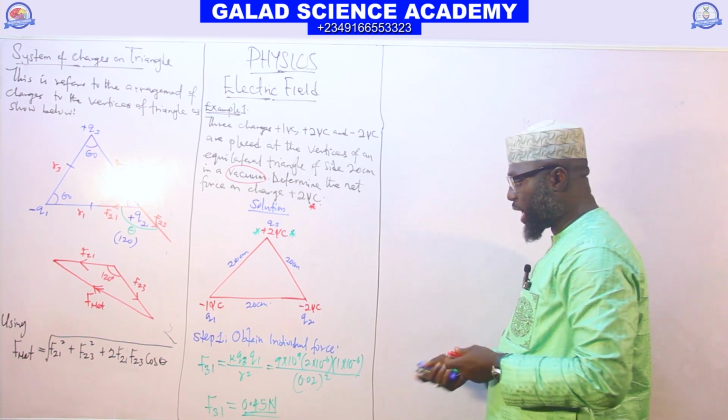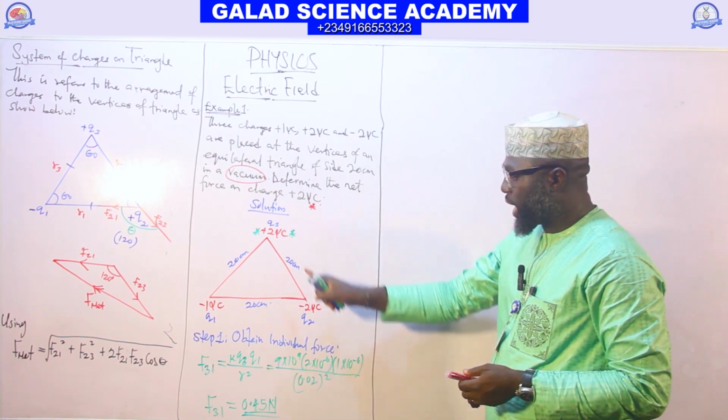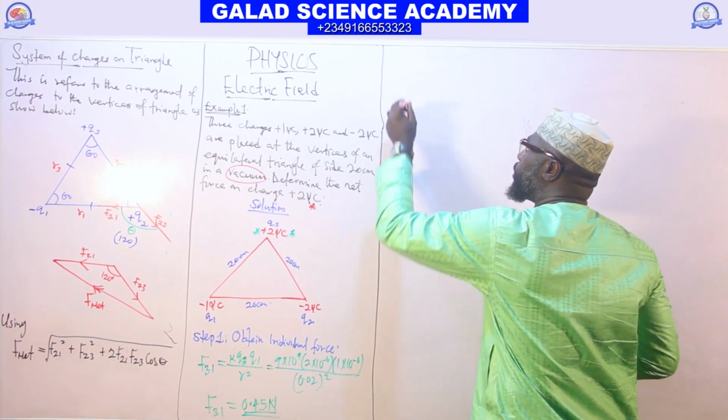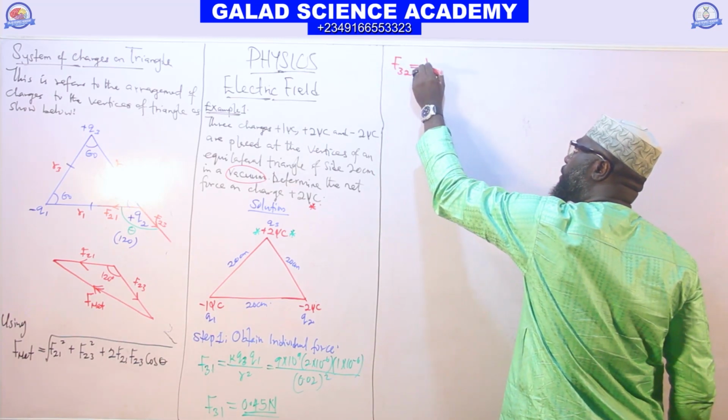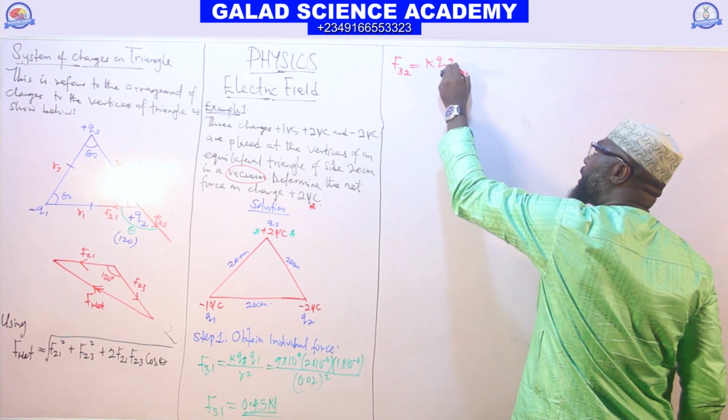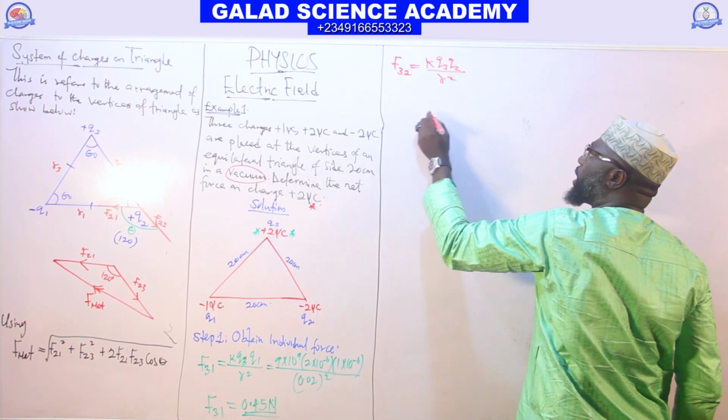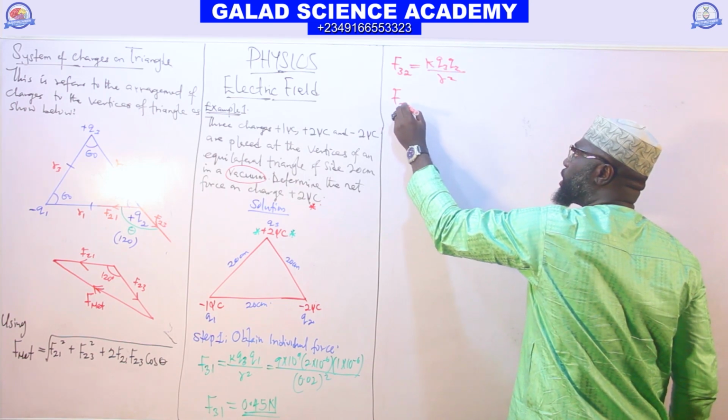The second one, we are going to consider Q3 and Q2. So the force of Q3 and Q2 will be K Q3 Q2 over R squared.